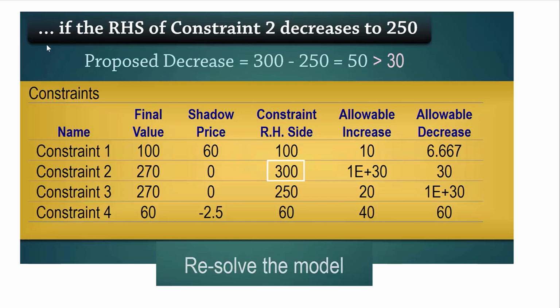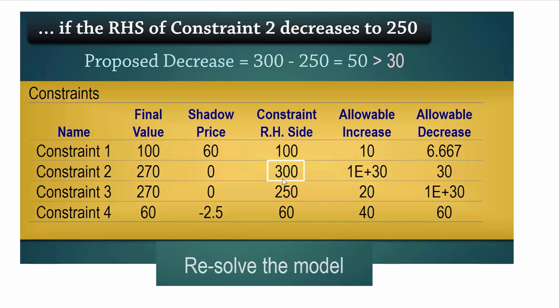Requirement B. If the right hand side of constraint 2 decreases to 250, we know for constraint 2 the right hand side is 300 and the allowable decrease is 30.